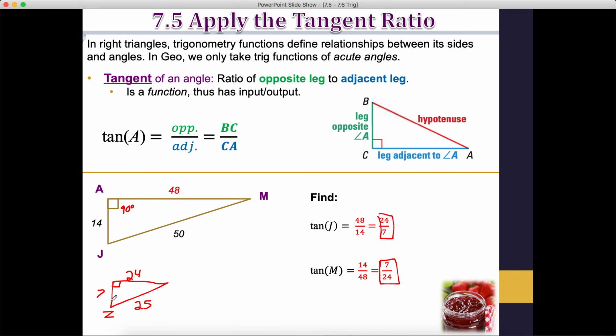Because if these are similar triangles, which we could deduce with SSS, then we would expect the sides to be of the same proportion. So we would expect the same opposite over adjacent ratio. So keep that in mind. Keep in mind why these two angles that are complementary end up producing reciprocal tangents. And note the whole scaled up by a scale factor of 2 thing yielding the same tangent in terms of the angles that correspond.